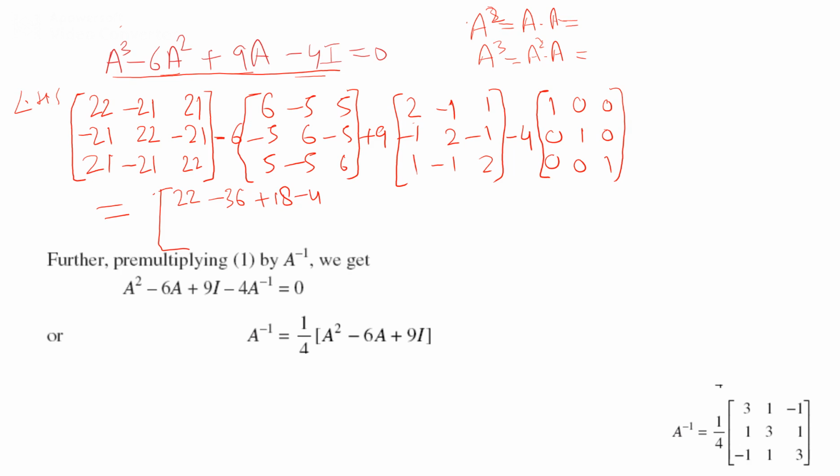Similarly the second element is minus 21 plus minus 6 into minus 5, we get plus 30, plus 9 times minus 1 is minus 9, and minus 4 into 0 we get 0. In a similar way we find the third element. What you observe is that the first one becomes 22 plus 18, which is 40, minus 40, so we get 0. The second one is also 0, the third one 0, and all the elements we obtain here are 0.